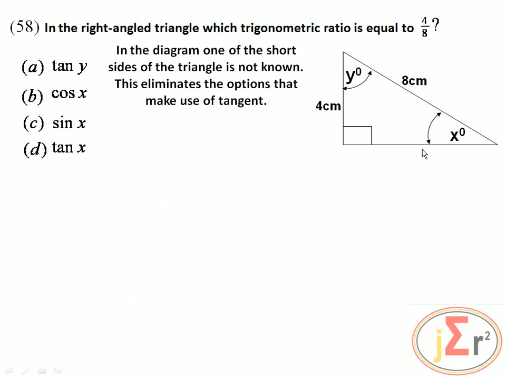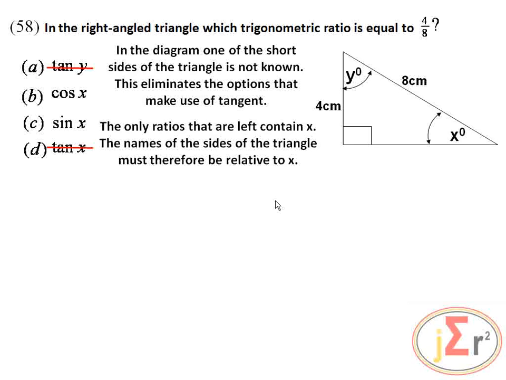Because this side is missing, we know that tangent is not a possibility, because tangent of x is opposite over adjacent, and tangent of y is opposite over adjacent. This one is missing, so tangent cannot be correct.